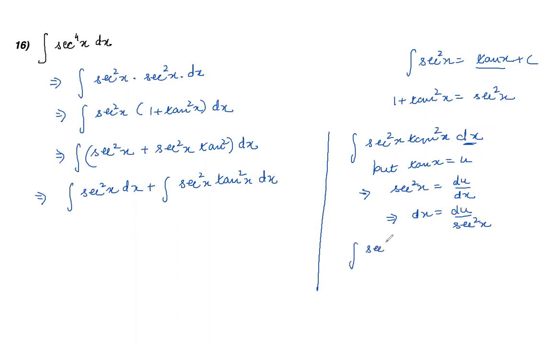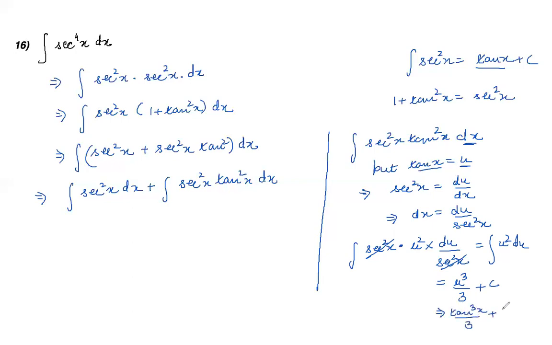So it would be sec square x, tan square x will change to u square, and dx is du upon sec square x. So it will get eliminated, and finally I'm left with integration of u square into du. That is equal to u cube by 3 plus c. I have the value of u as tan x. Okay, so the final answer is tan cube x upon 3 plus c.